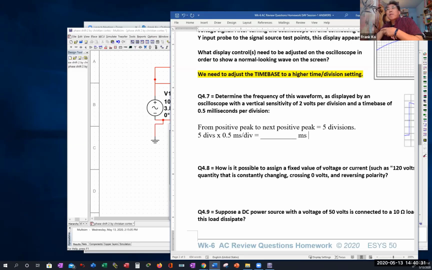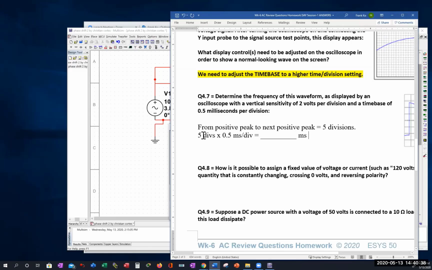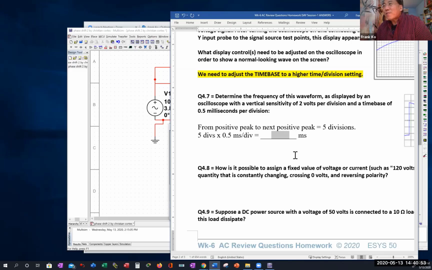Everybody do the math. Pull out your calculators. I am looking for a number. There's 5 divisions and each one is worth half a millisecond per division. So what do you have? 5 times a half. Come on.